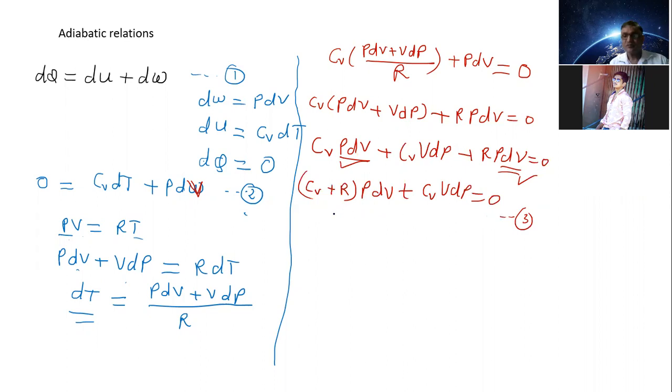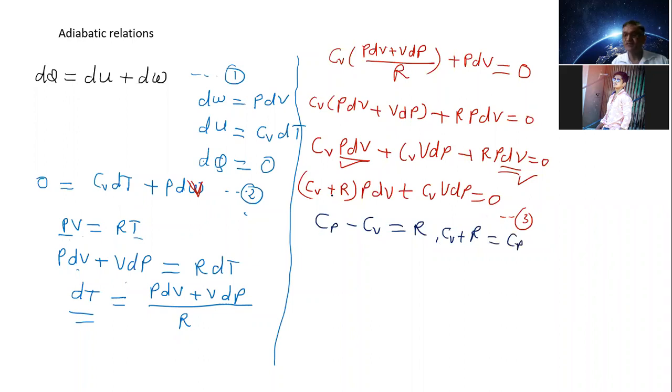Now we know the Mayer's relation, that is Cp minus Cv is equal to R. Cp minus Cv is equal to R, and therefore Cv plus R is equal to Cp. Cv goes to the other side, and therefore we can write here Cv plus R is equal to Cp.